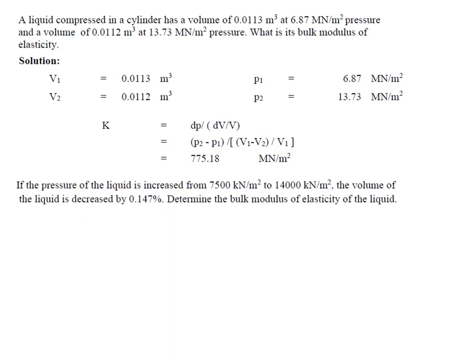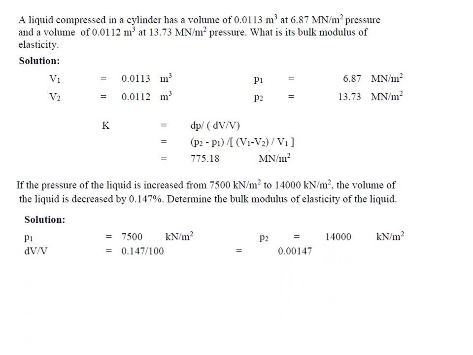One more problem on bulk modulus of elasticity. If the pressure of the liquid is increased from 7,500 kilonewton per meter square to 14,000 kilonewton per meter square, then dou P is 14,000 minus 7,500 kilonewton per meter square. Here the volume of the liquid is decreased by 0.147%. So dou V by V is 0.147 divided by 100.